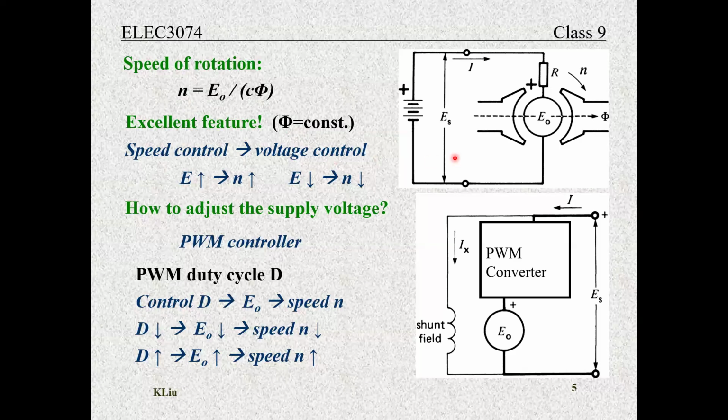When we increase the voltage supplied to the armature, because we make the magnetic field constant, then the speed is going to be determined by how much voltage we're going to supply into the armature. More voltage to the armature, more speed. Less voltage to the armature, less speed. So those are directly proportional.